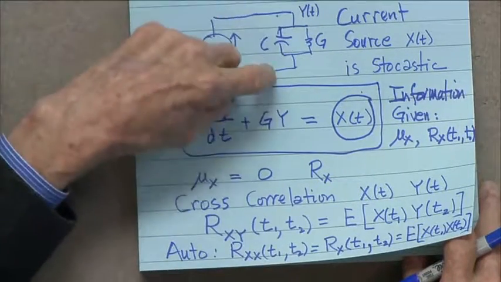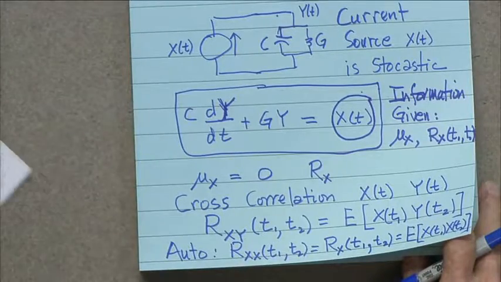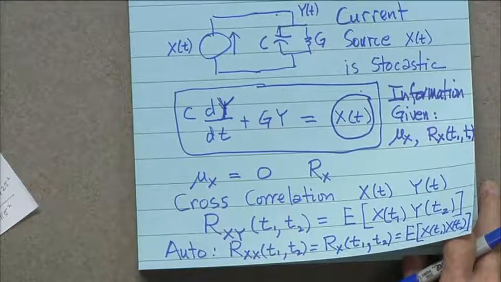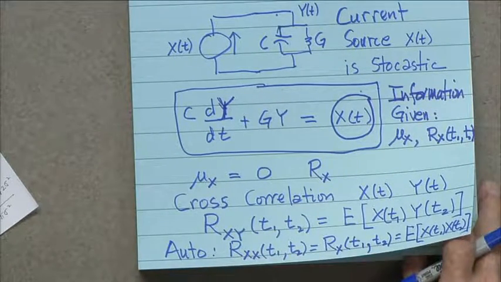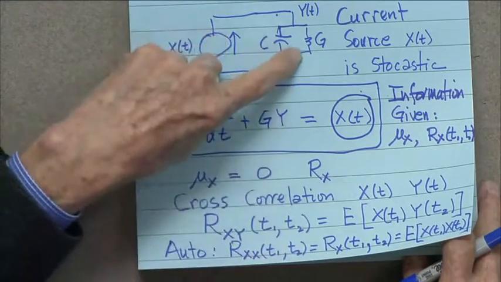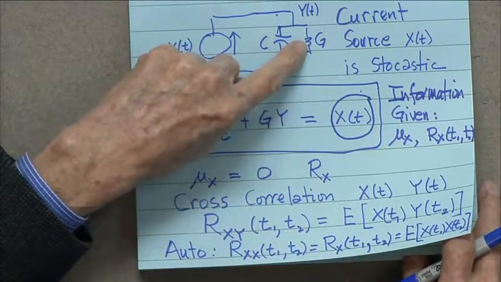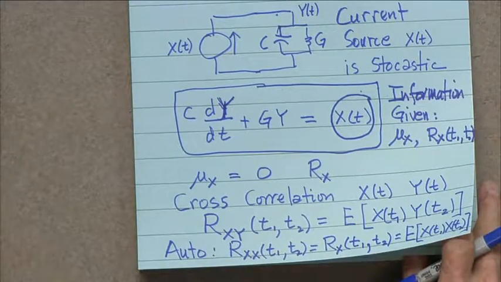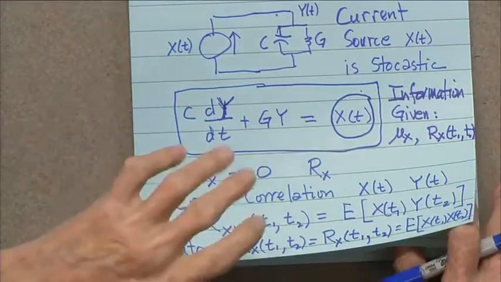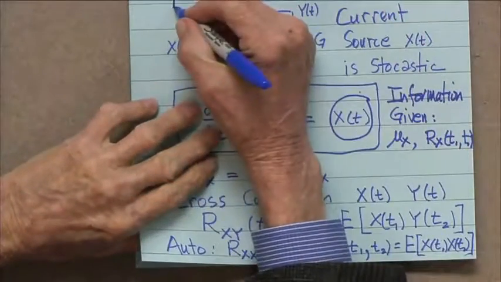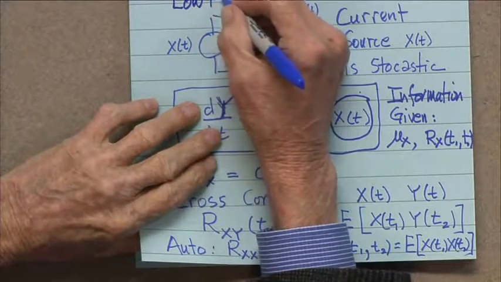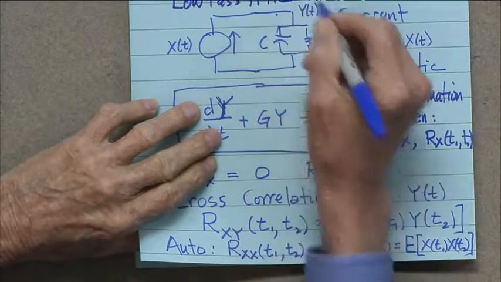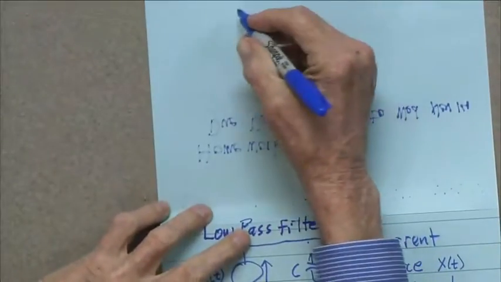The current just goes through, it doesn't create a voltage at that node. When the frequency is 0, it creates a big voltage, so all the current goes through G, which means it produces a voltage. So this is a low pass filter.